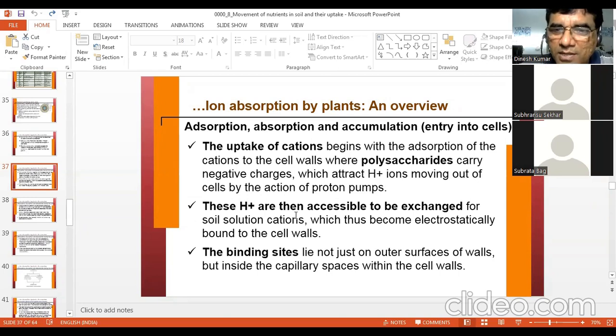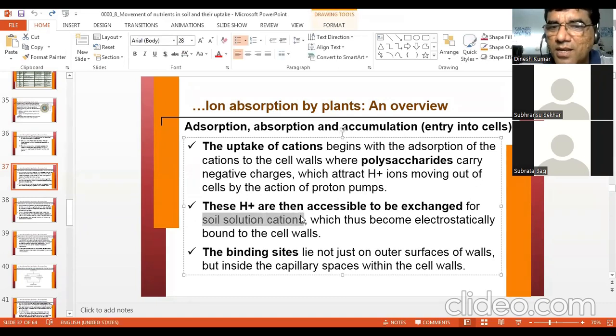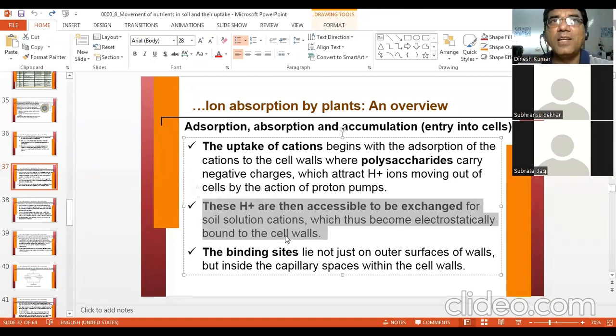Now these hydrogen ions are then accessible to be exchanged for soil solution cations, which thus become electrostatically bound to the cell wall. The exchange will happen between the hydrogen and the cation which is outside the cell wall. So this hydrogen will be exchanged for the cation, and the cation will enter into the cell wall, and then this hydrogen will come out.